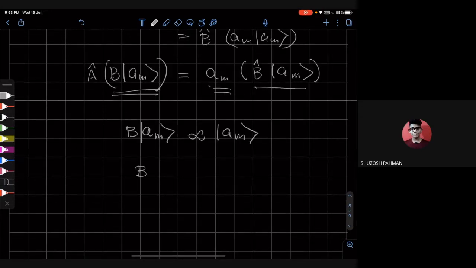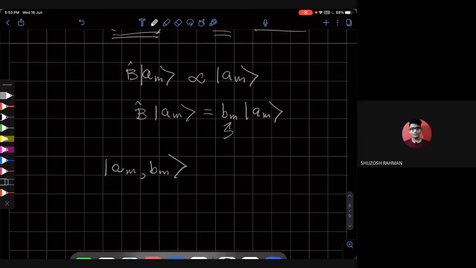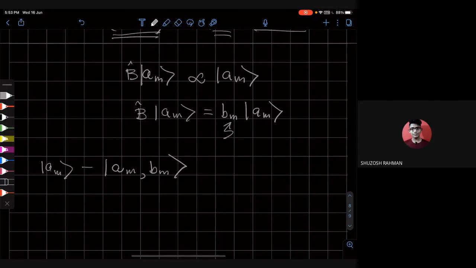Let's give this proportionality constant a name. Let's call it, say, BM. So this proportionality constant is the eigenvalue of the B operator. And we can now label this state as AM, BM by the eigenvalues of the two operators, okay? We can label it like that.